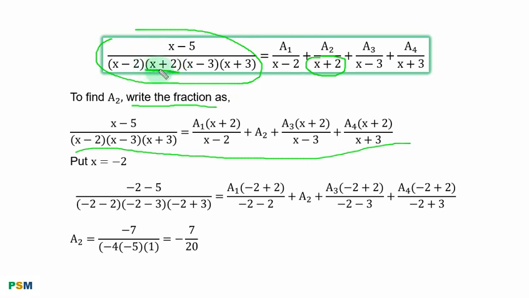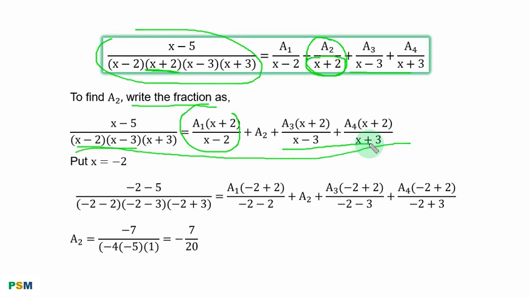You are left with the remaining 3 linear factors. s + 2 times the first term, s + 2 times this term, you are left with A2. s + 2 times the last 2 terms, you have this result.